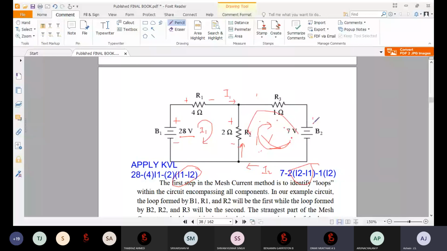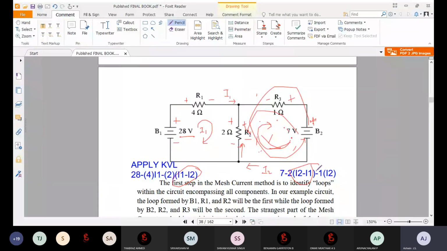In the first case we have to assume, like I will write the equation with positive here and plus minus, plus minus, and in this case I will consider the current is flowing in this direction, from positive to negative. The electron is moving in the opposite direction, the current will flow from positive voltage to negative.